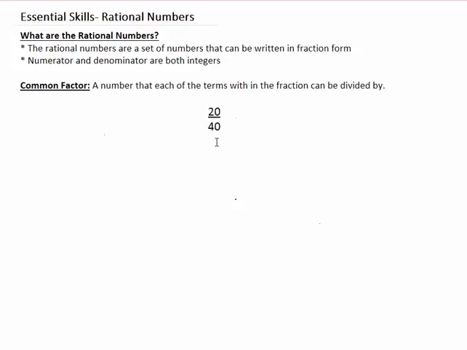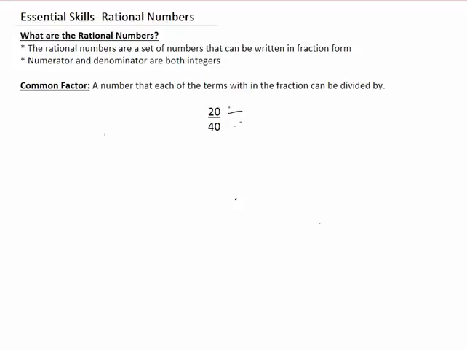Let's look at this example that I have here, 20 over 40. The greatest common factor between both the numerator and the denominator in this situation is 20, because that is the biggest number that the numerator and the denominator can be divided by. So you would proceed as follows.